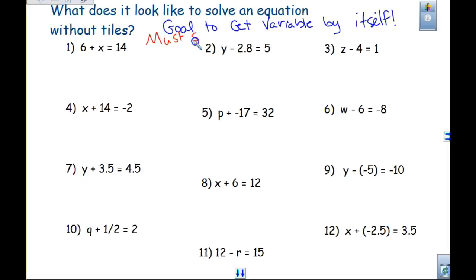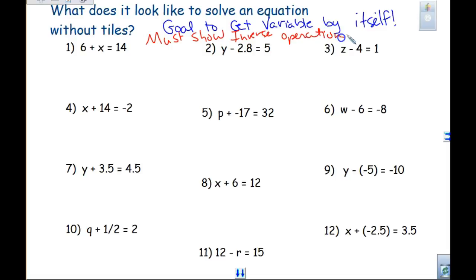My standard for this level is to show the inverse operation when you solve. Because the standard says something like, students can justify how to solve a one-step equation. What they mean by justify is that you can show the inverse operation. Okay?